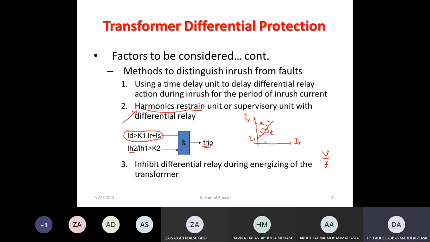So I sometimes use the fifth harmonic to block the differential relay from incorrectly tripping the transformer. But I will not consider these. I'll just focus on implementing this in the following examples.